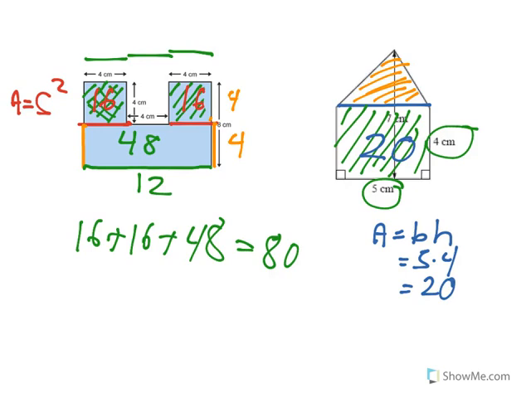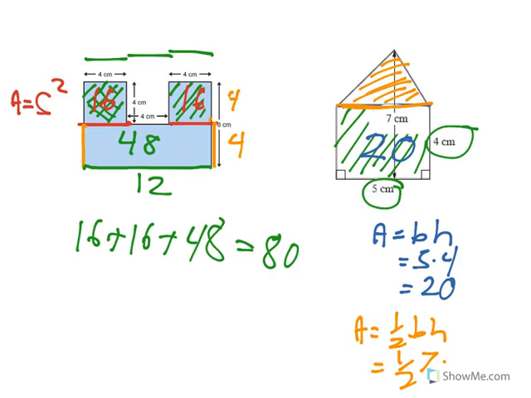Now we just need to find the area of the triangle. We can see that the base of the triangle is 7. We know that the area of a triangle is 1/2 base times height. So we have 1/2, and base, which is 7. We don't know yet what the height of this triangle is. So let's look at the numbers.